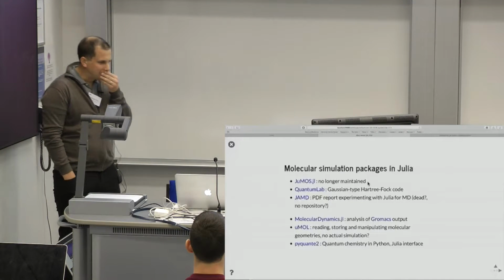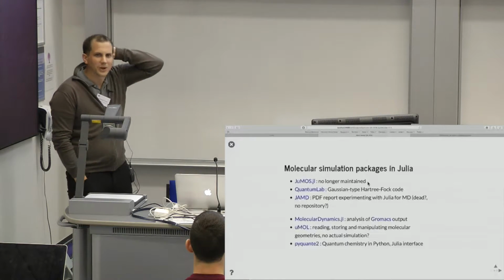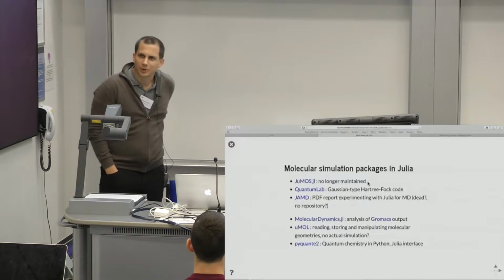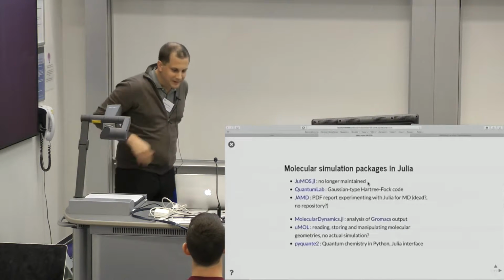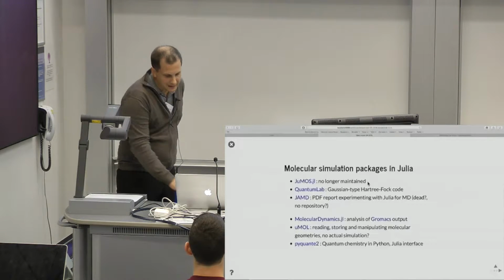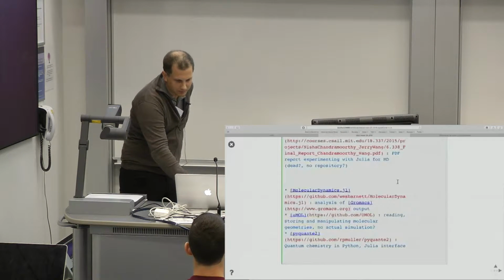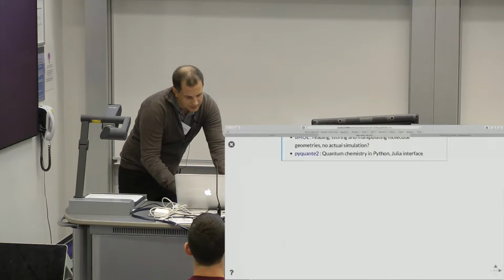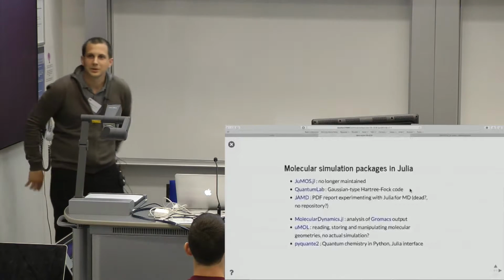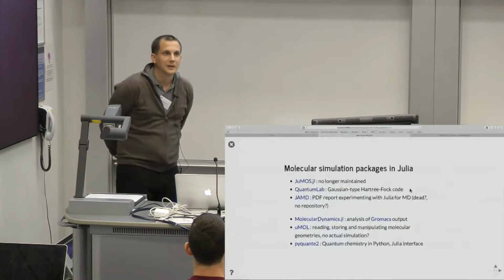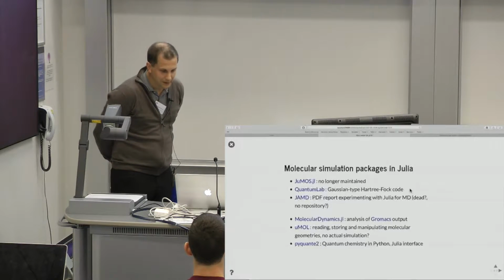That's a shame, but I think he was trying to do too much too soon, all at once, and that was the real problem. I still try to be in touch with him. But anyways, I found, and I think this is a relatively new code, somebody actually trying to implement a full quantum chemistry code in pure Julia. I hope that will work out. It would be great to have that available.